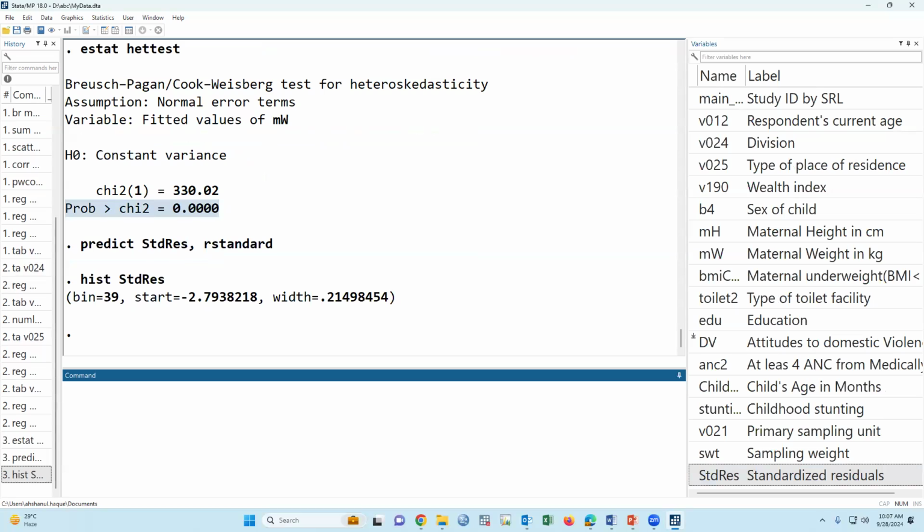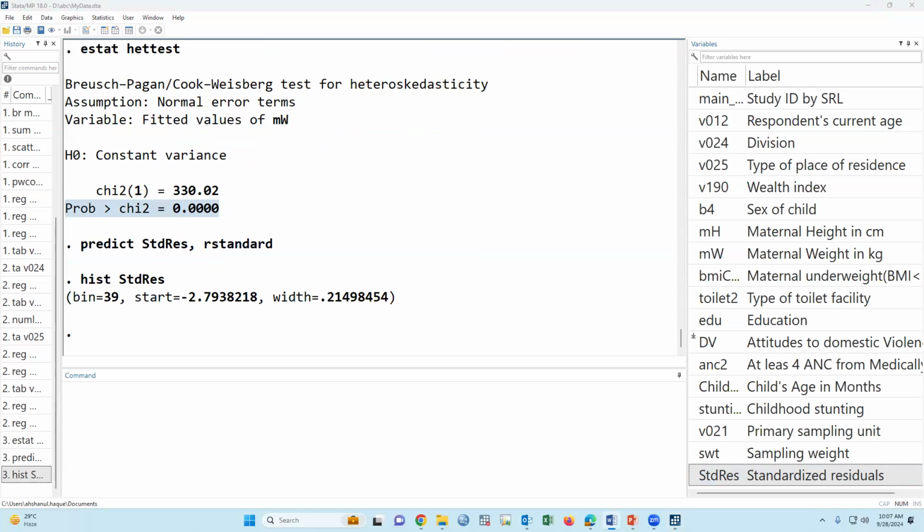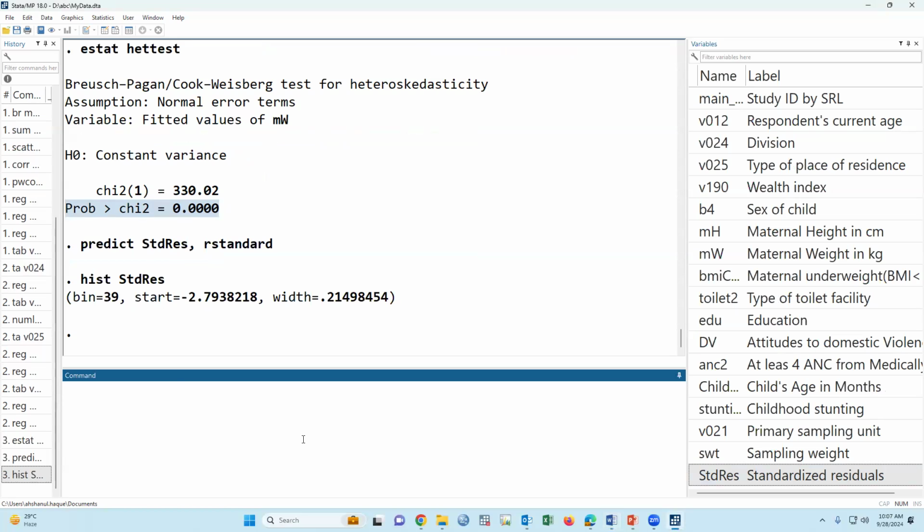Another important one is the mandatory diagnostic test.